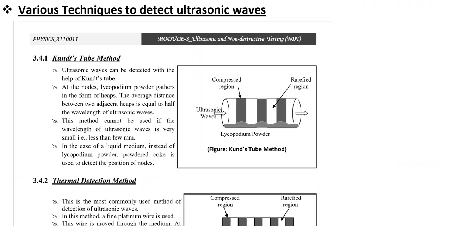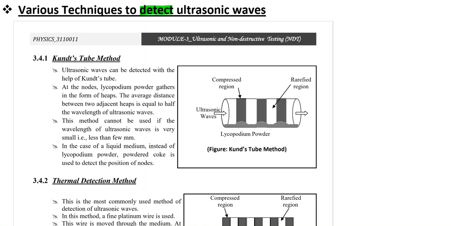So the first part of today's lecture is the various techniques which are used to detect whether the given sound wave is an ultrasonic wave or not. Out of all these techniques, there are a few important techniques we will discuss in detail.